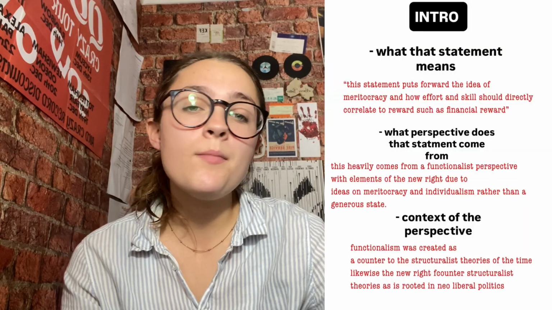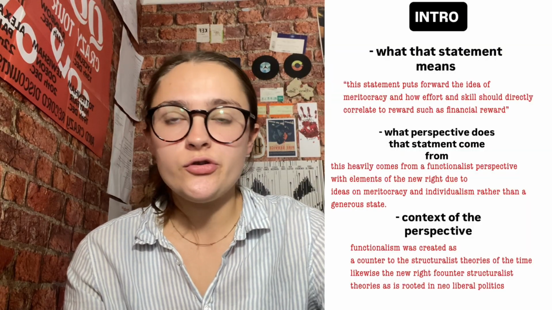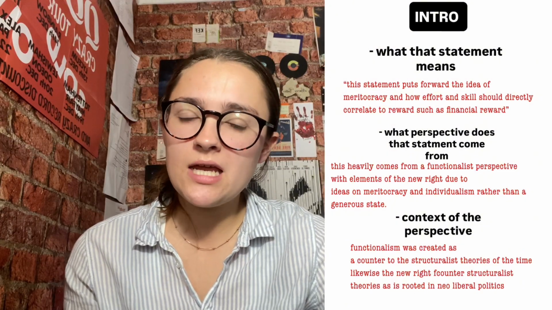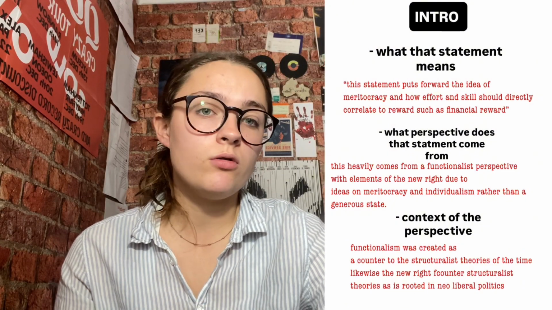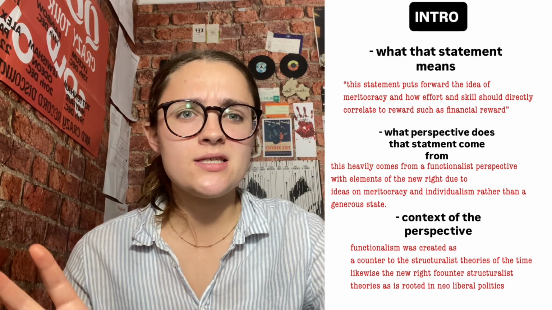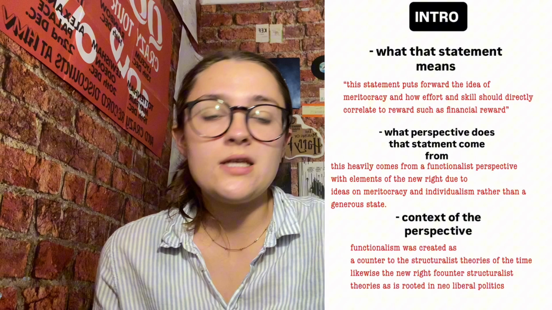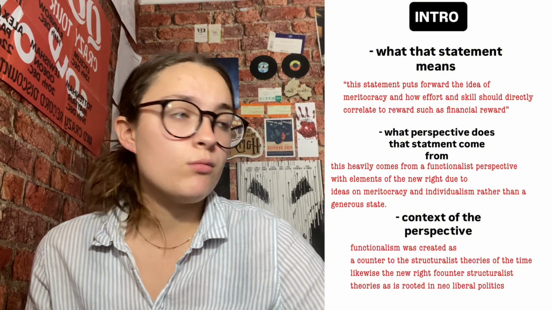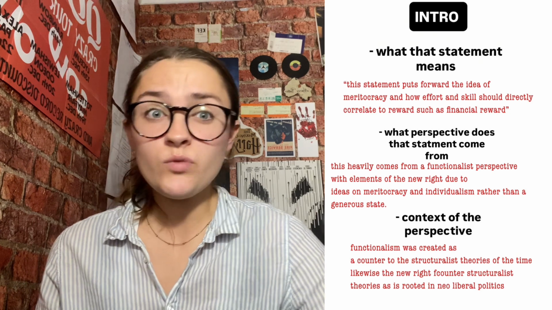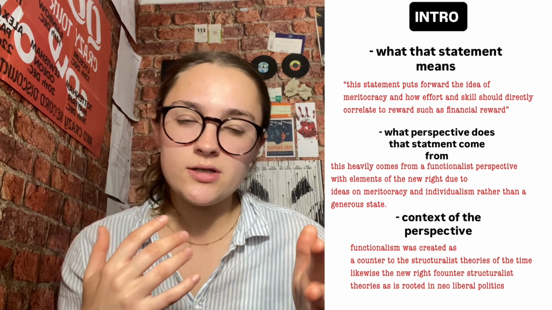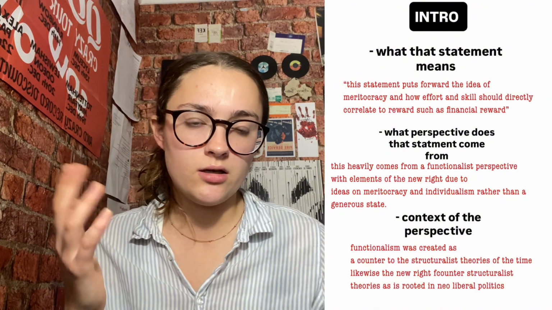Firstly, for Type 1 questions, your intro needs to explain the statement. It needs to explain what the statement means, but also where that statement's coming from. What theory does that statement sound like? You know, this statement comes from a Marxist perspective. This statement comes from a functionalist perspective. Because, and then give a little history, a little context to the theory, to the perspective.